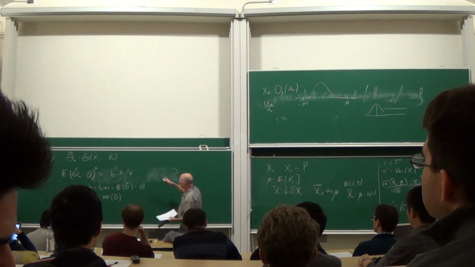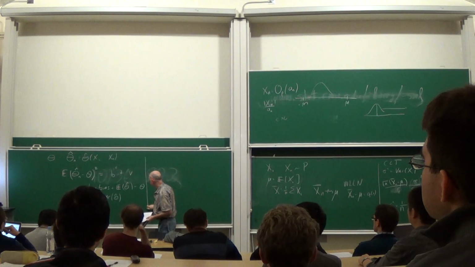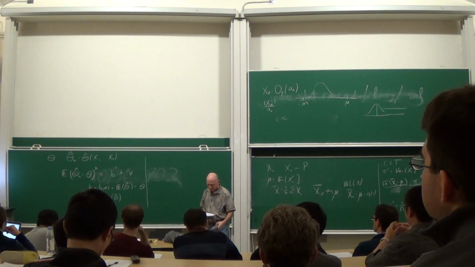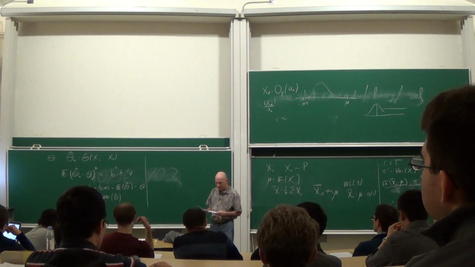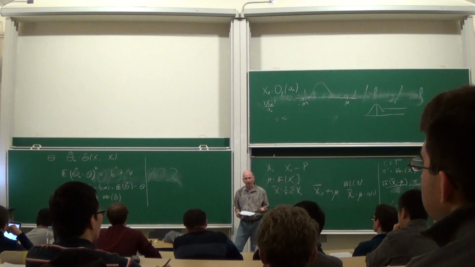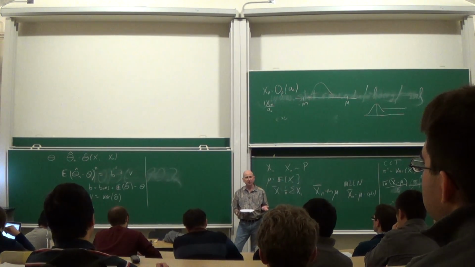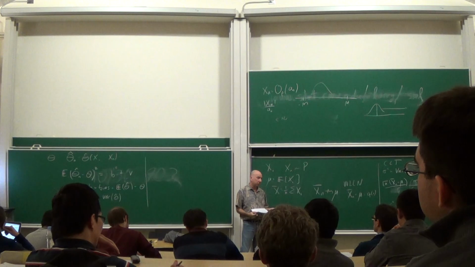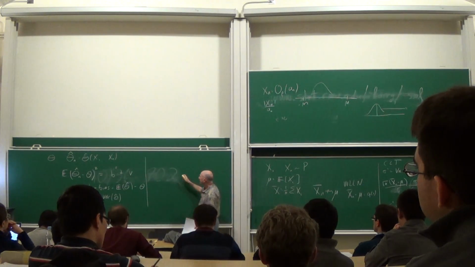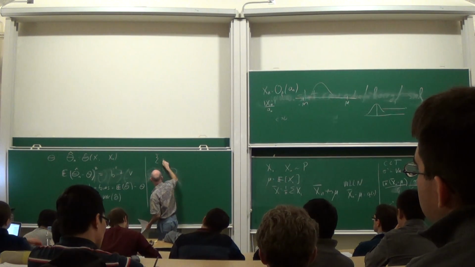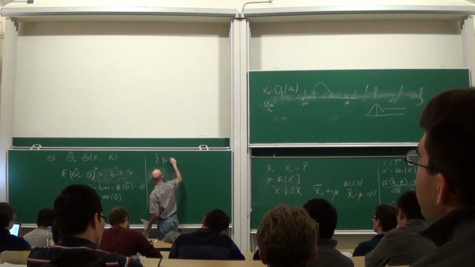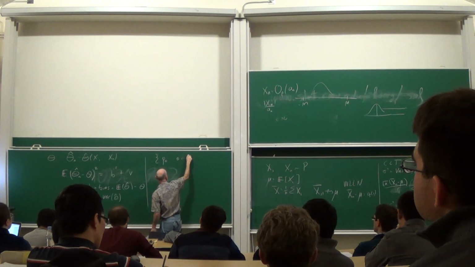Okay, sticking with just simple parametric things like estimating a parameter, the most common method that you learn for estimating a parameter, actually let's spend a minute talking about parametric versus non-parametric models. So remember, a parametric model is something like this. You have a set of densities indexed by a parameter.